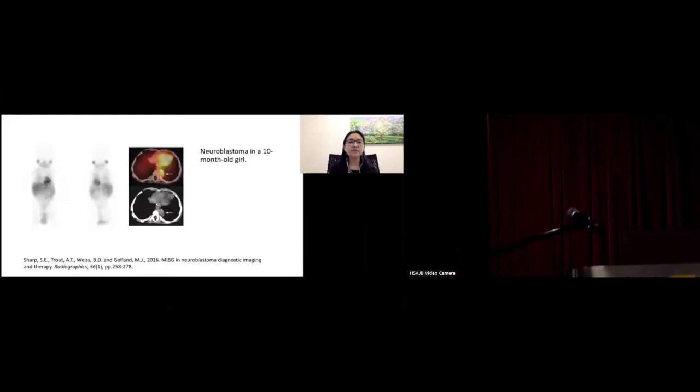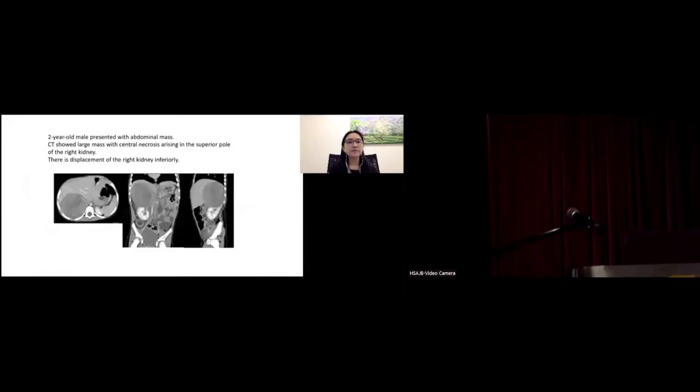SPECT-CT shows there's a left paraspinal primary tumor, and this tumor is obscured by the physiological cardiac activity on planar imaging. But of course, when we do a SPECT-CT, we can see homogeneous MIBG uptake in the left paraspinal primary tumor.